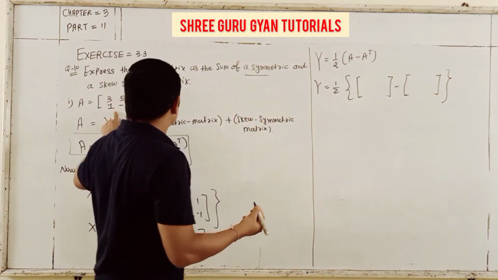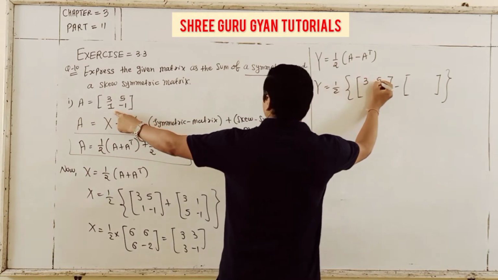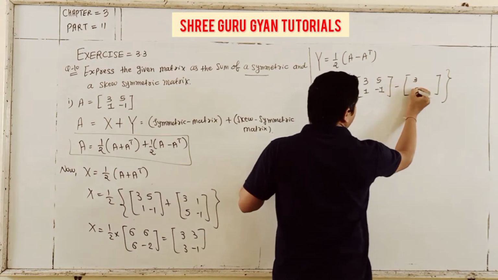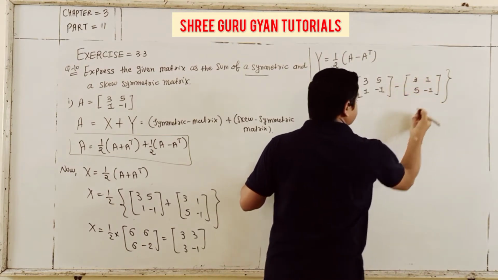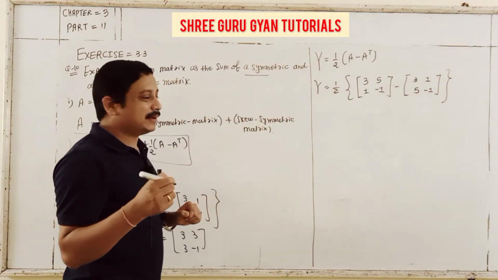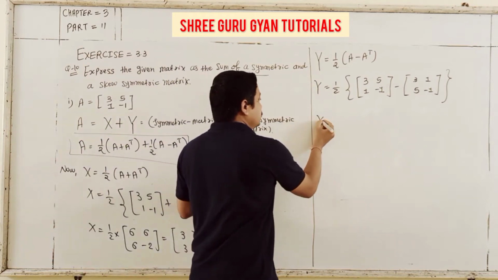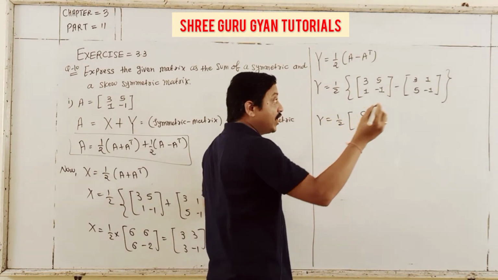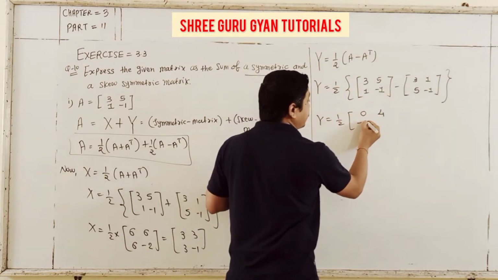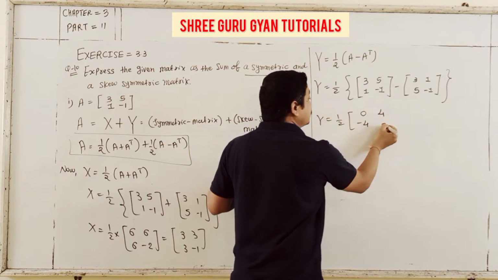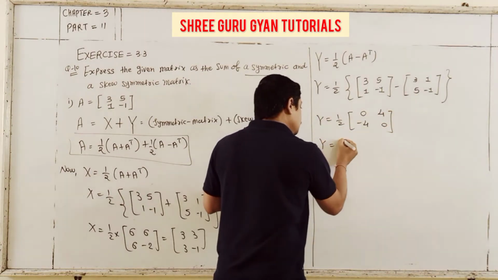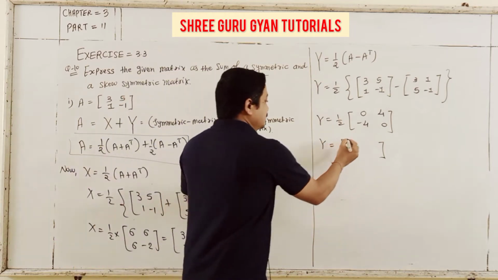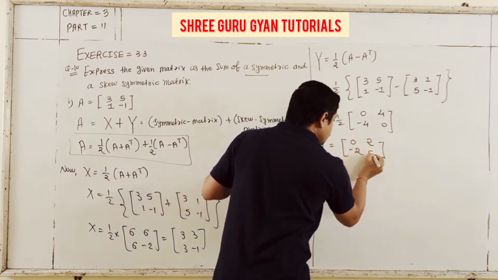Our A is 3, 5, 1, minus 1, and the same way transpose 3, 5, 1, minus 1. Row applies column, row applies column. So Y becomes half of 3 minus 3 is 0, 5 minus 1 is 4, 1 minus 5 is minus 4, and minus 1 plus 1 becomes 0. So just divide by 2. So here 0, 2, minus 2, 0.